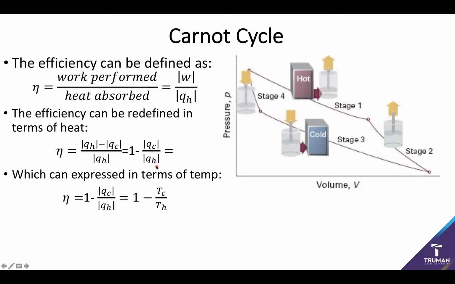But we also previously showed with entropy that the ratio of the two heats is going to be the same thing as the ratio of the two temperatures. So this actually ends up showing us a rather cool feature, that the efficiency of a heat engine is going to be entirely based on the ratio of the temperatures of our hot source and our cold sink.